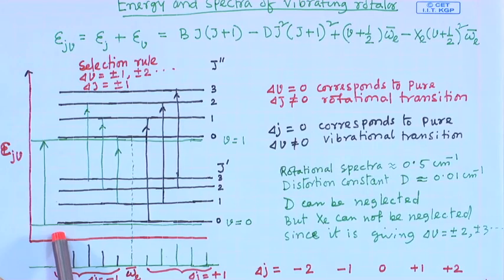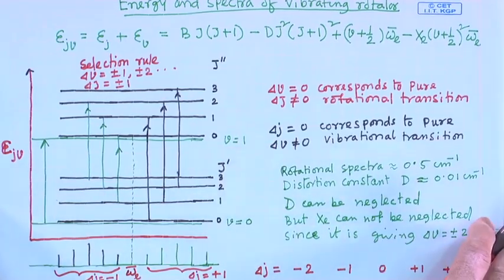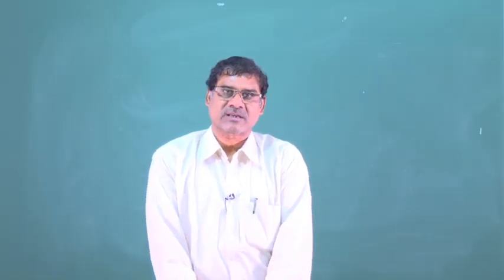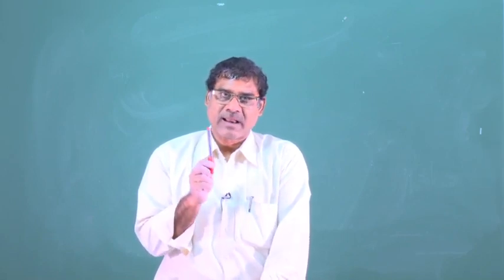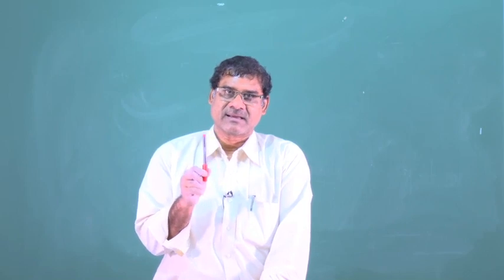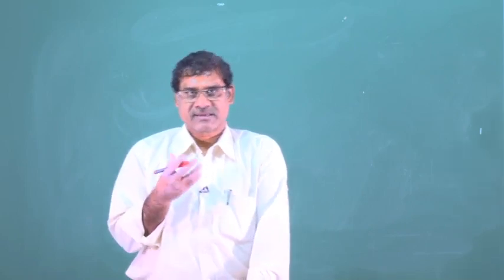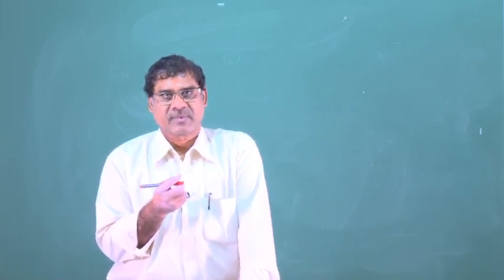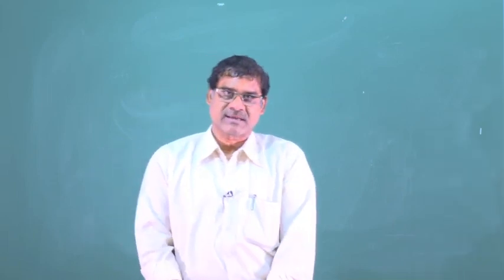But as I told you, generally we say fundamental band; the term line we do not use, it is band. Why it is called a band, I think I will now be able to explain, because it is not one line, it is composed of many lines. So, from where are these other lines coming? We will understand that from this transition.